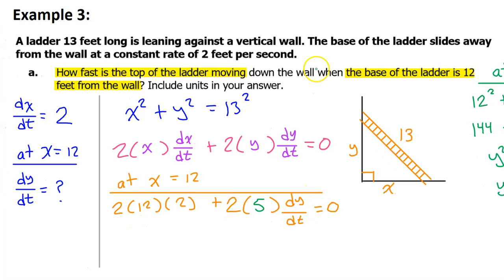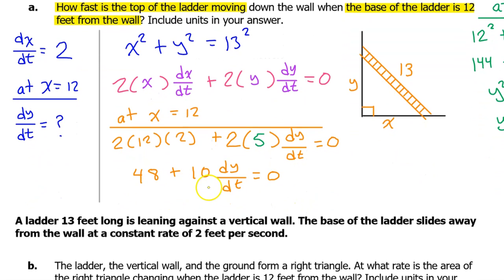So let's simplify this. 2 times 12 is 24, times 2 is 48. So we have 48 plus 10 dy dt is equal to 0.